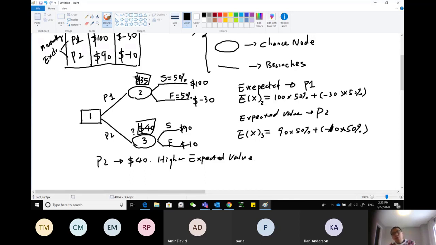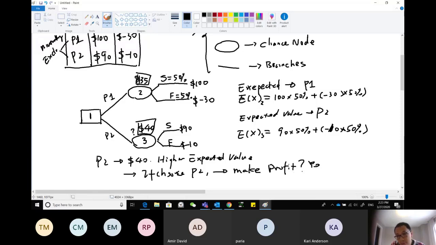Before we go into the second problem, which is a more complicated one, I just want to ask a question here. Let's say we choose project 2. Does that mean we always make a profit?